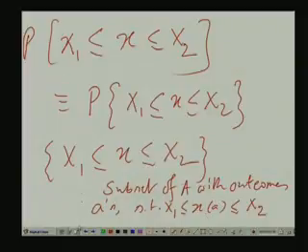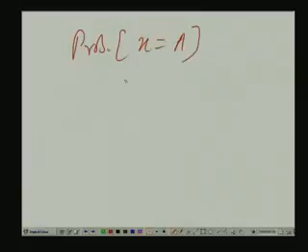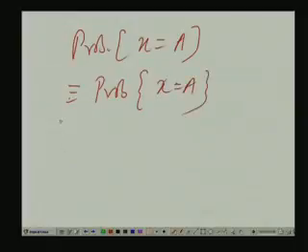Similarly, if I say the probability of x equal to a, some number a, it is equivalent to the probability of this event, again curly bracket stands for event here, x equal to a. x equal to a is a condition, but when I put it within curly brackets it means an event.